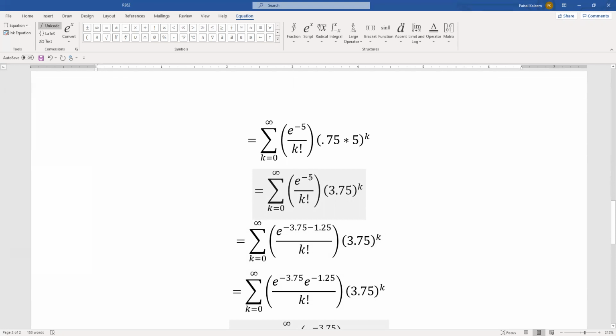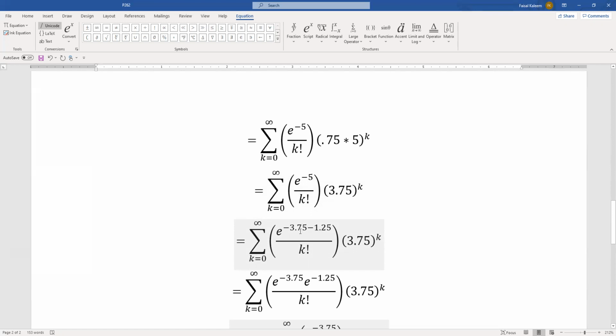We need to match these up. And the way to match this up will be to break up this e power negative 5 into e power negative 3.75 minus 1.25. So negative 3.75 minus 1.25 is negative 5. And we need this negative 3.75 because we have a 3.75 over here. So now we don't need this negative 1.25.